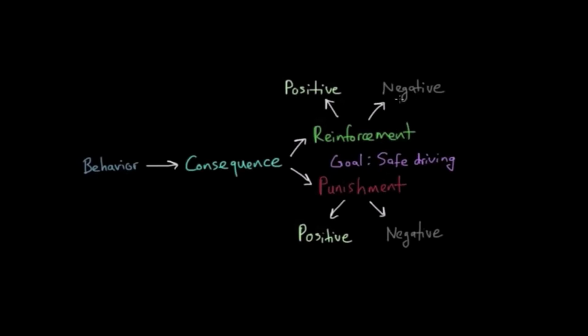Negative reinforcement means something's being taken away in an effort to increase the tendency that the goal behavior will occur again. So for positive reinforcement, since we're adding something, let's say someone's a safe driver and they're following all the rules, they're rewarded with a gas gift card. Free gas, sounds good to me.